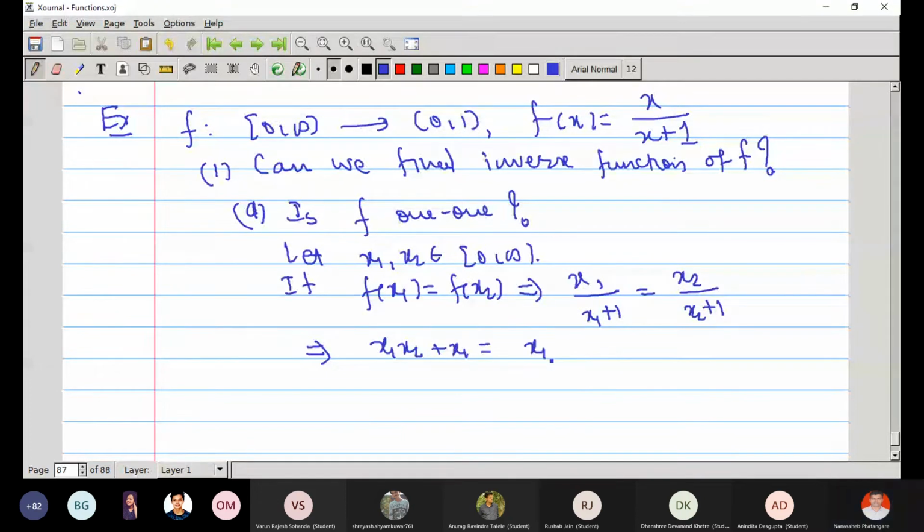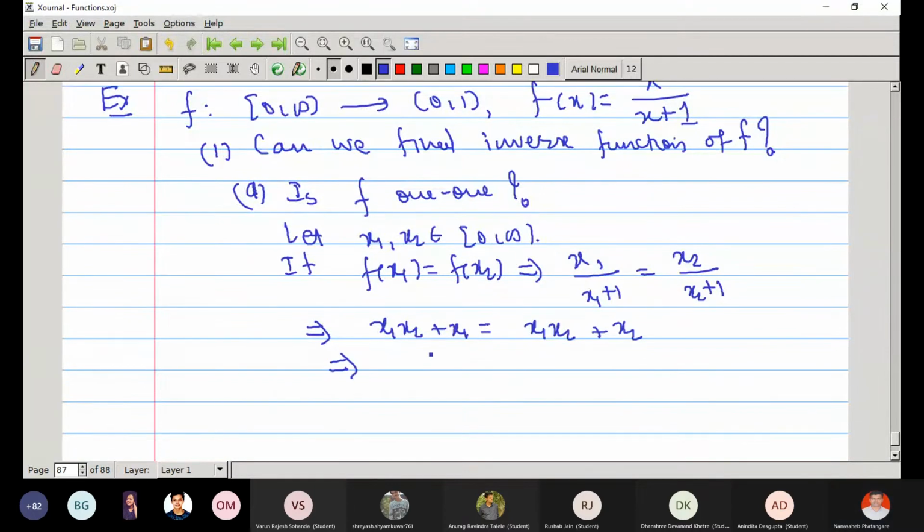The x1 x2 product cancels. So what remains? x1 is equal to x2, and this is true for any x1 and x2. That means if images are the same, then pre-images are also the same, or if pre-images are distinct, then images are also distinct.